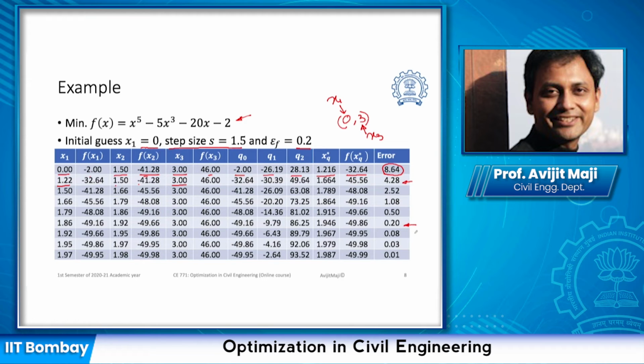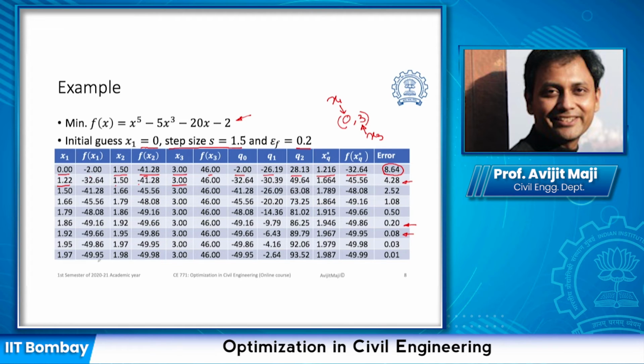If you go one more step, the error is going to be 0.08, which is less than the error which we want to achieve. Hence we can stop right here. However, in this particular example, I have gone through 2 more steps to see how better we can get the result, and in this case you will see that our final output is going to be the best out of the 4 points.